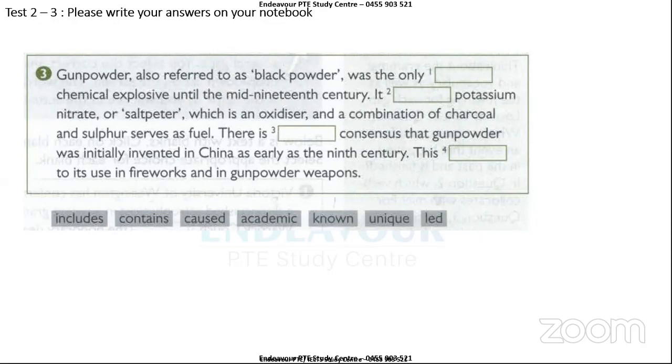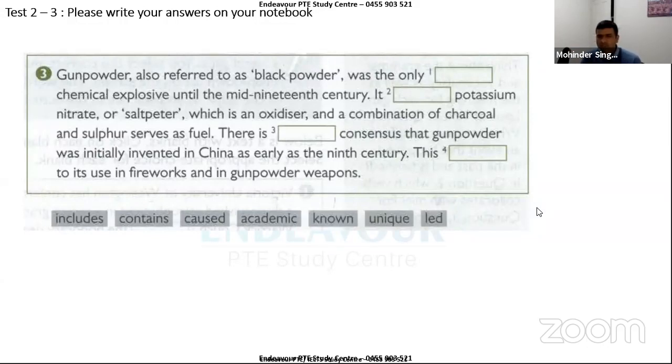Is it still wrong? When you have "only unique" or "only known"? Most of you have put "known." Lijo has "known," Pooja has "known," even Azmaira has "known." Only two of you have put "unique." So "unique" is not right there, only "known." Only known chemical explosive until the mid-19th century. That is the sense of the passage.